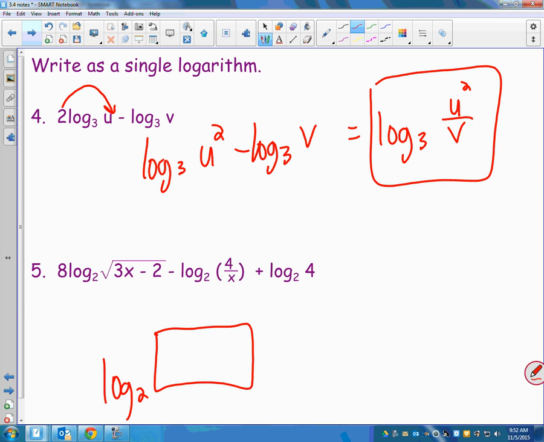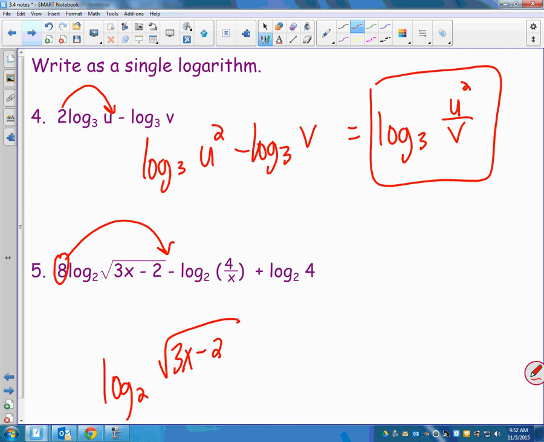Okay, then I gave you a crazy one. Again, step 1. This number in front can go back as an exponent. So if I wrote that, that would be the square root of 3x minus 2 to the 8th power. And we'll talk about that in a minute. What do I do to simplify that? What does subtraction mean I can do? Division. And again, we're not writing log more than once.